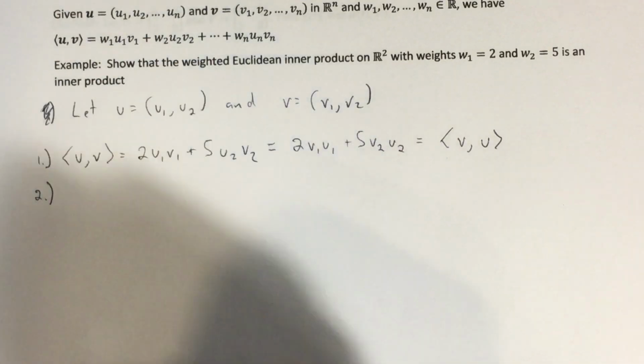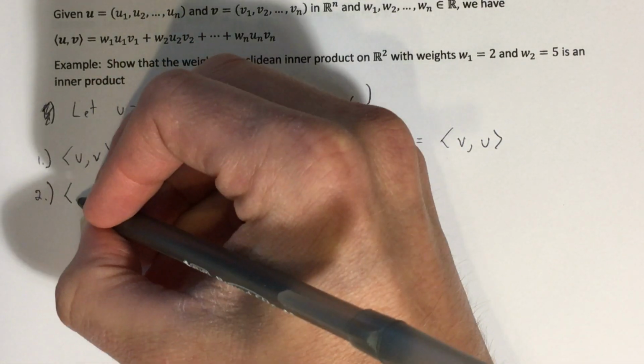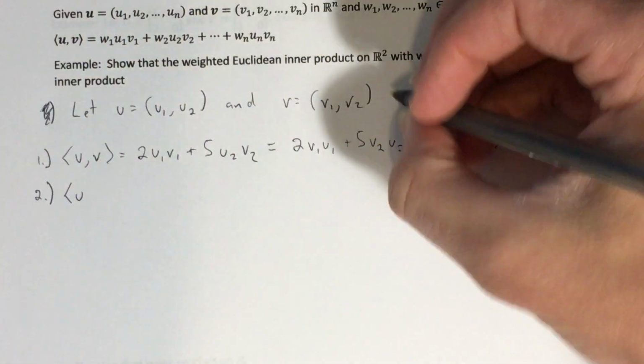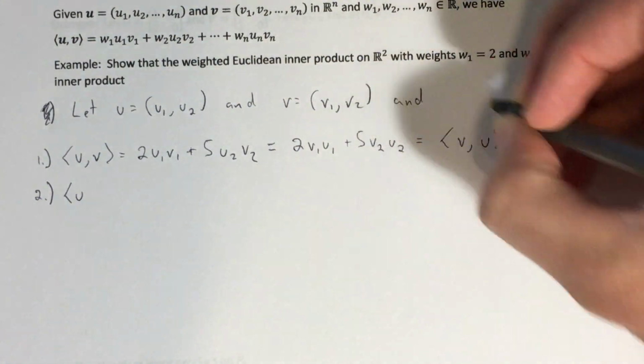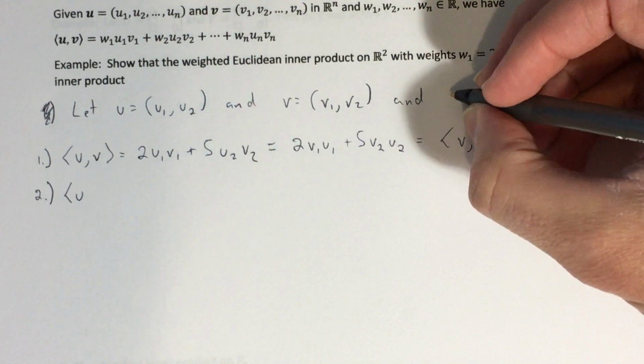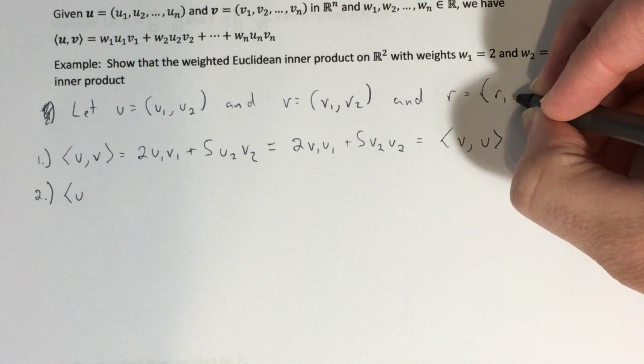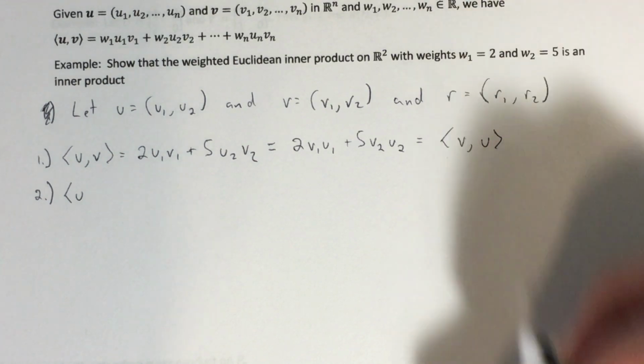Two, now we need to check additivity. So this time, I need one more vector. I don't want to use W, let me use R. R equals (R1, R2).